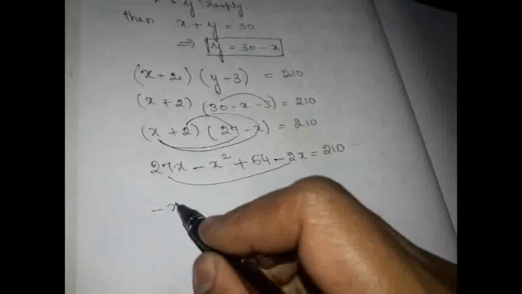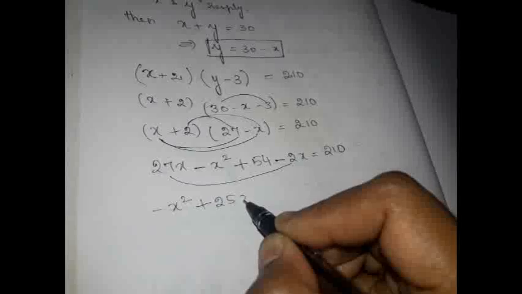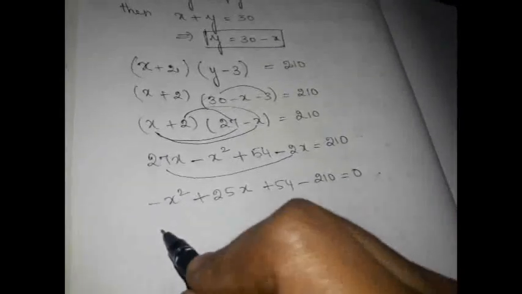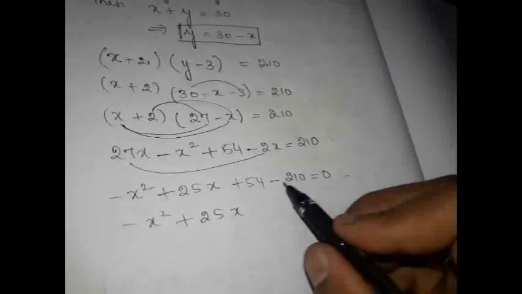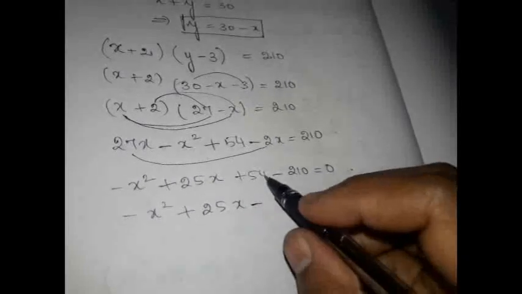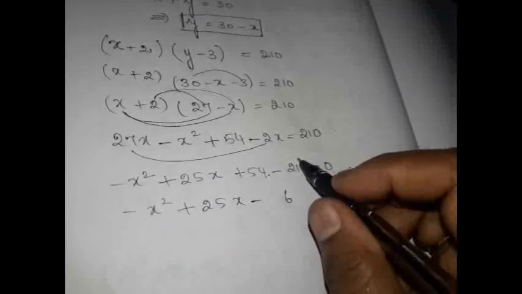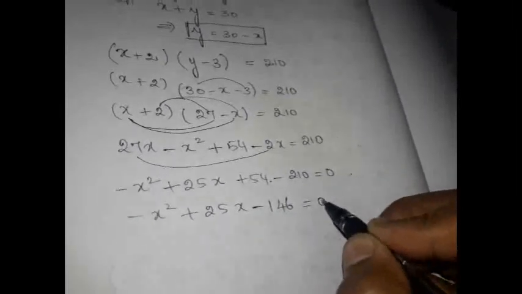So minus x square, 27x minus 2x will become plus 25x, plus 54 minus 210 equal to 0. Right? So minus x square plus 25x. If you subtract 210 from 54, what you will get? 10 minus 4, you will get 6. This will become 9, 9 minus 5 is 4. So minus 146 equal to 0.